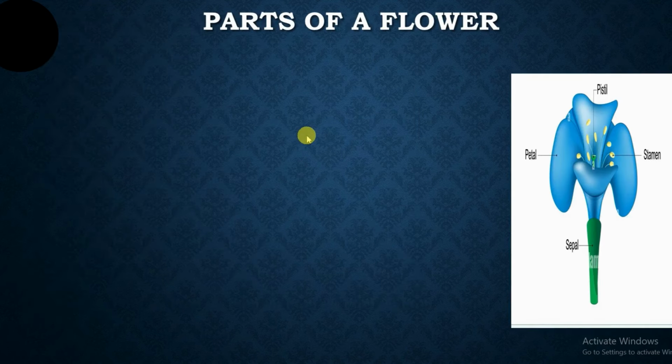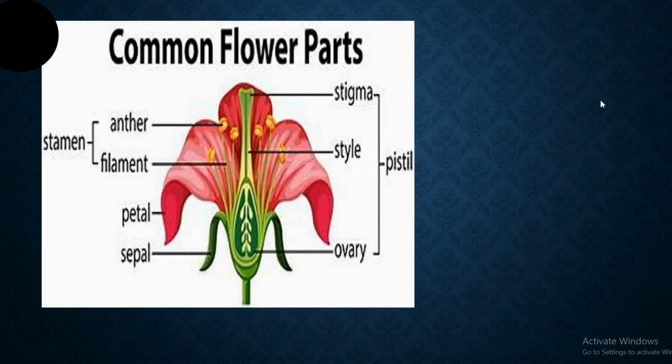Another one is the sepals, the lower part which is attached to the flower. And then the male part and the female part. The male part is called the stamen and the female part is called the pistil.